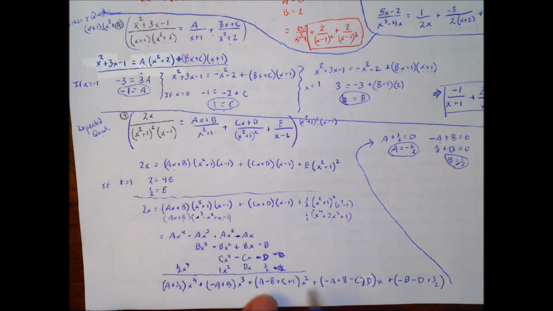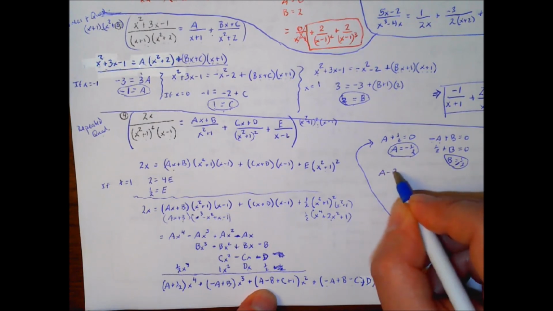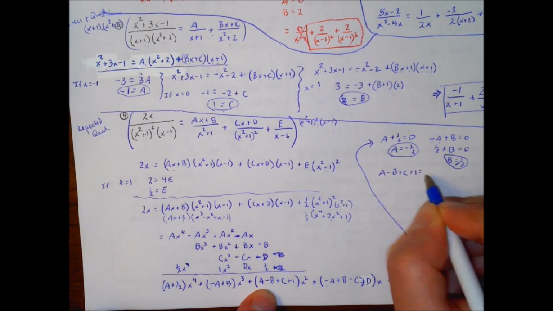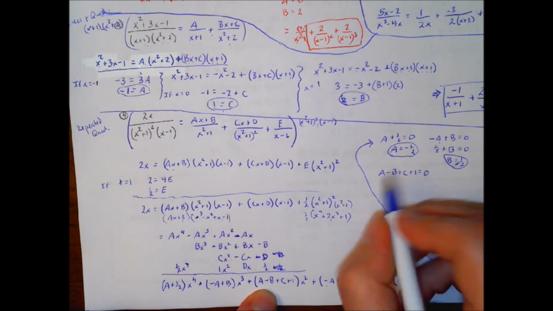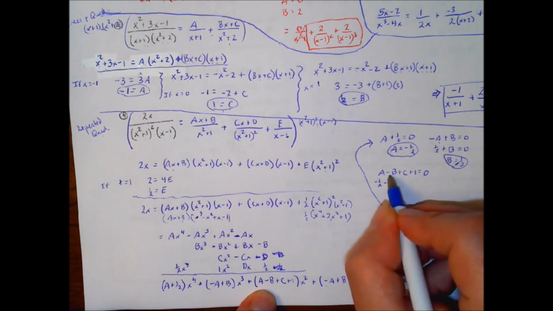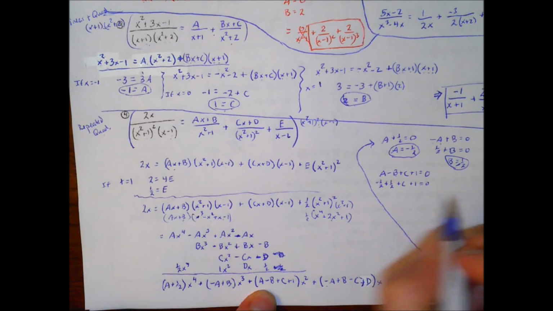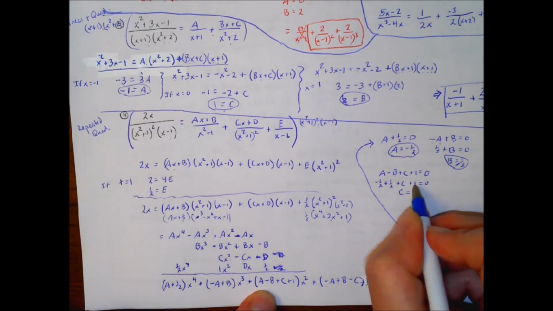I'm going to do the next one here. I know my a minus b plus c plus 1 is equal to 0. So my a is negative 1/2. My b is negative 1/2. So negative b makes positive 1/2. Those cancel. I'll get c is equal to negative 1.